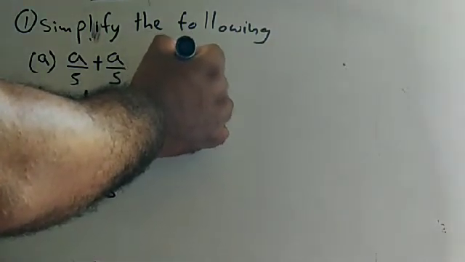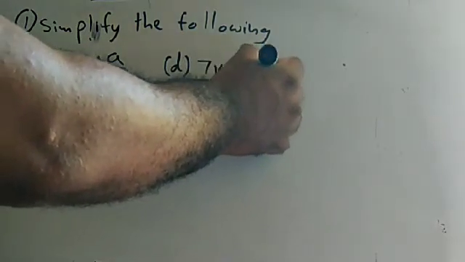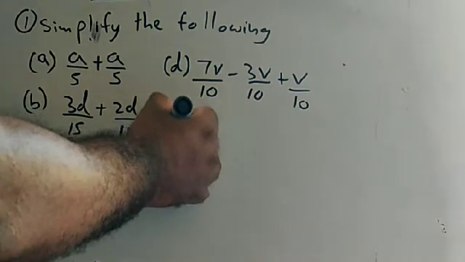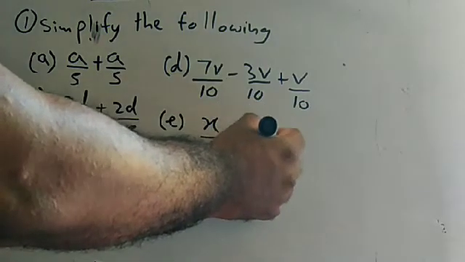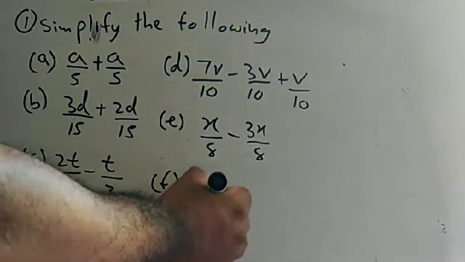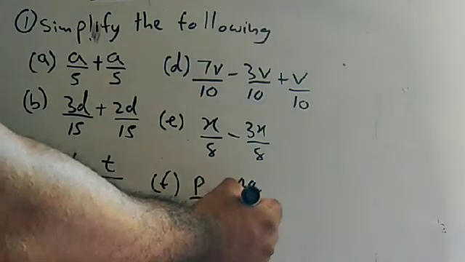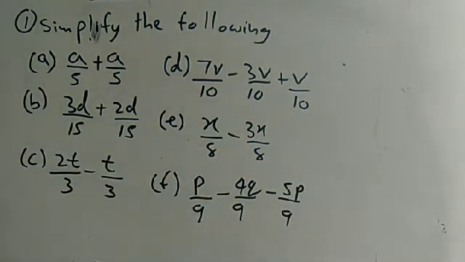D: 7v/10 - 3v/10 + v/10. E: x/8 - 3x/8. F: p/9 - 4q/9 - 5p/9. Here, copy down this.